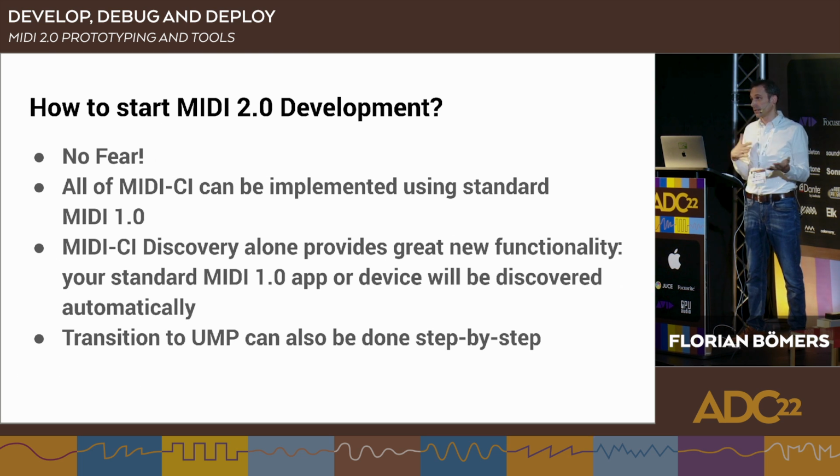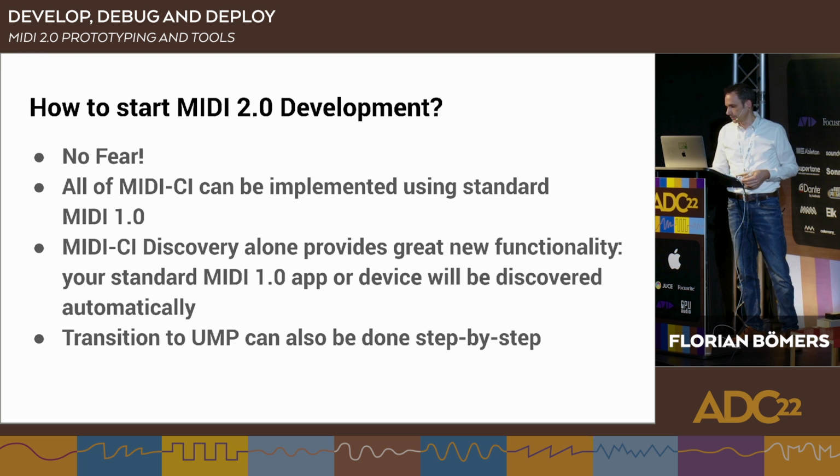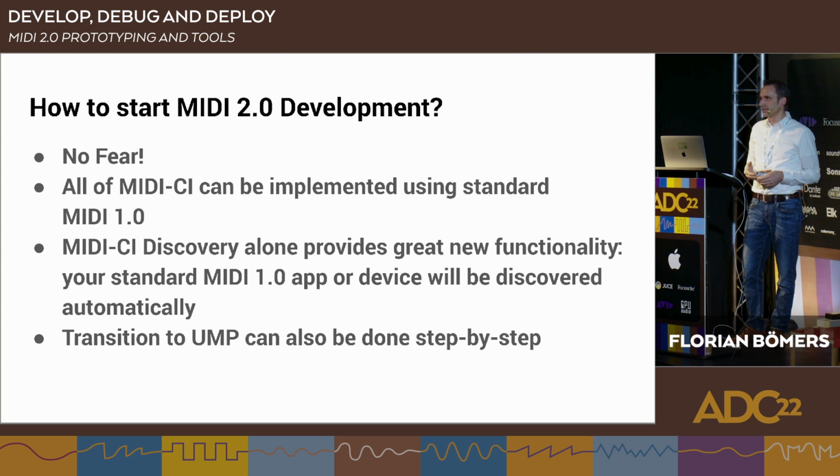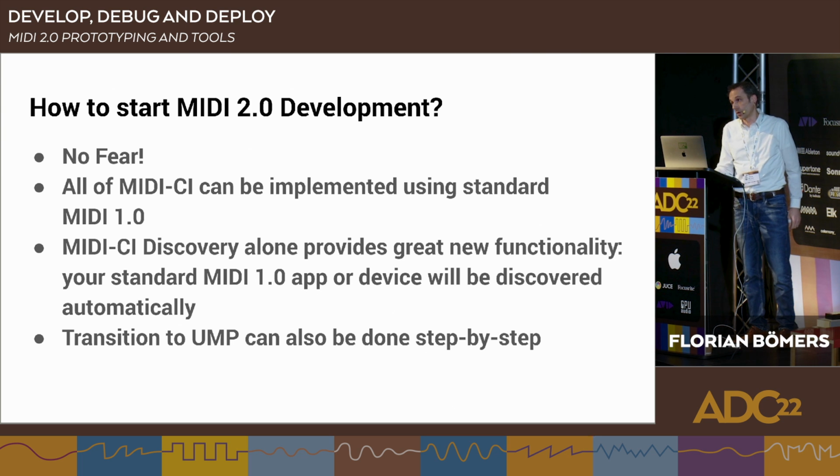MIDI-CI doesn't even need a different packet format or a different transport. So it is usually quite quick to, for example, just implement MIDI-CI discovery, and all of a sudden a DAW can auto detect the presence of your device and what kind of device it is, or software, of course. And the same applies to UMP.